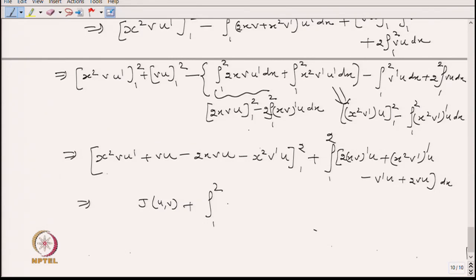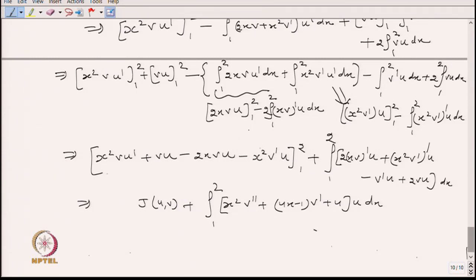If I want to write it directly, it should be of the form x square v double dash plus 4x minus 1 v dash plus 4 v, times u dx, because this quantity will come from taking the derivative of x square v double dash plus v dash 2x. So, this will cancel out and we get this value.